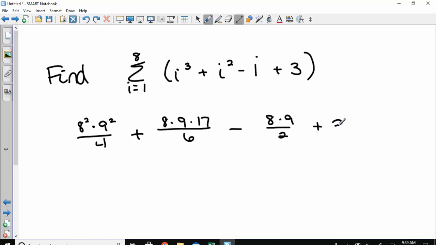And how do you add up a constant? You multiply it by n, so just 3 times 8. So that one had all 4. We did constants, and then things to the first, second, and third powers.